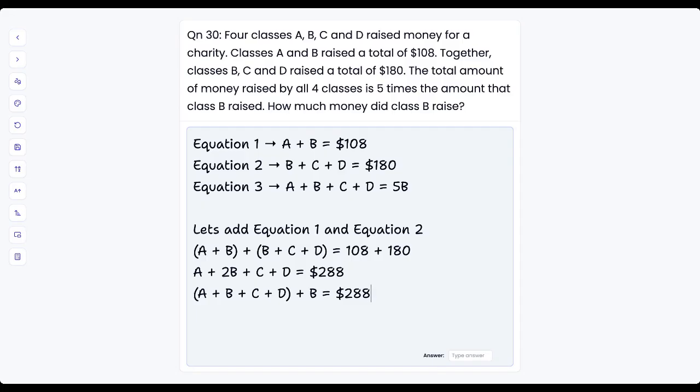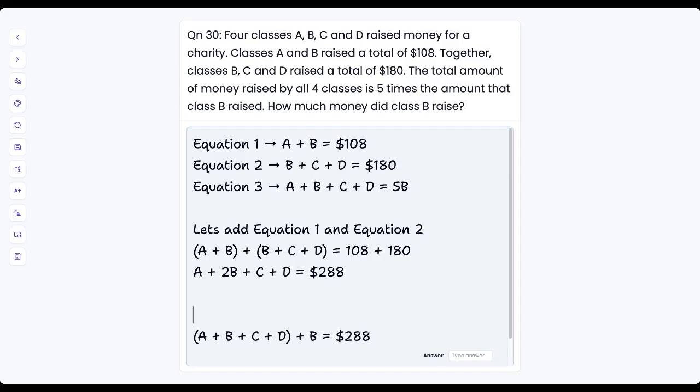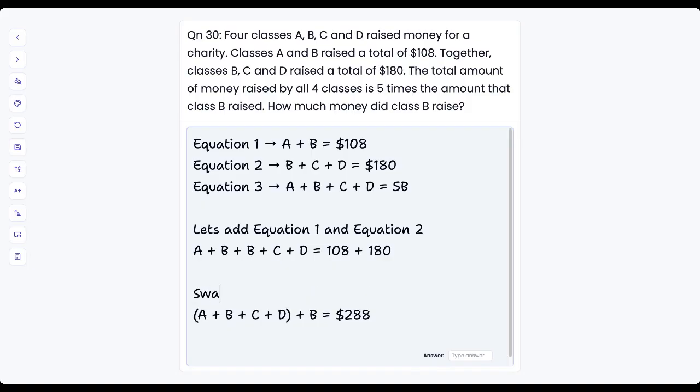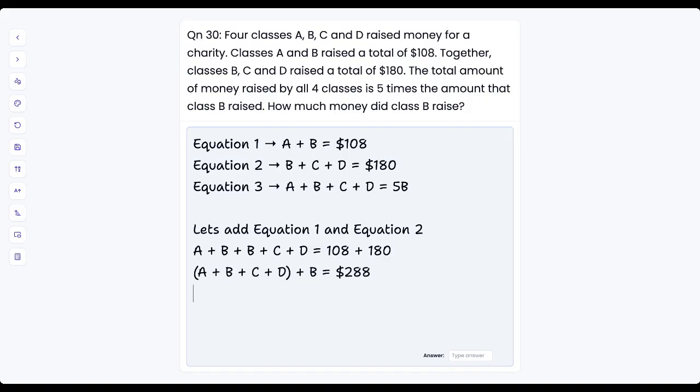Equation 1, equation 2, B, C, D. Actually we don't need to separate this. We just put A plus B plus C plus D, and add everything up. Okay, so now we can swap equation 3 in.